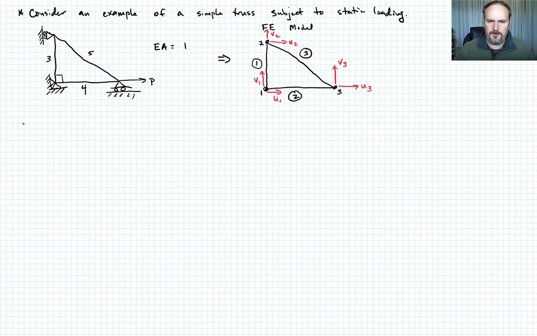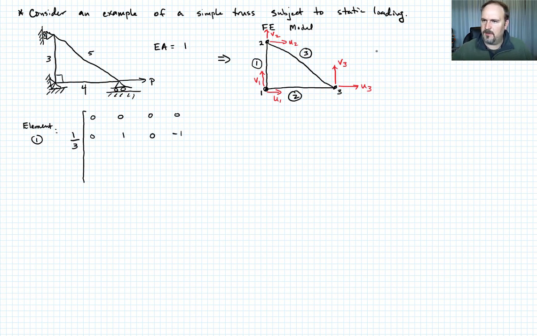For element 1, we have the following equation: 1/3, obviously 1 over the length, times the quantity: this matrix, where the top row is all zeros, and the next row is 0, 1, 0, -1.